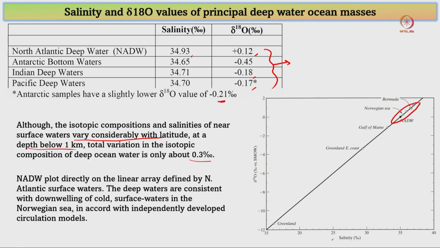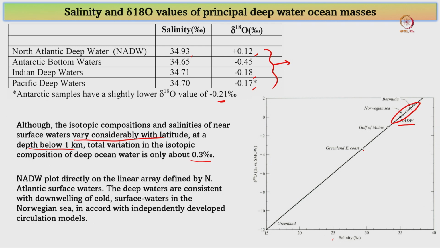Here we have the Greenland east coast, a mix of this end member, and we also have the Norwegian Sea and the Bermuda area. Mixing of these two waters forms the North Atlantic deep water.